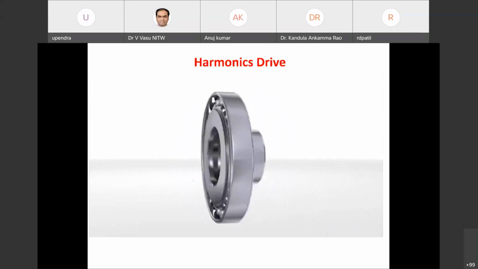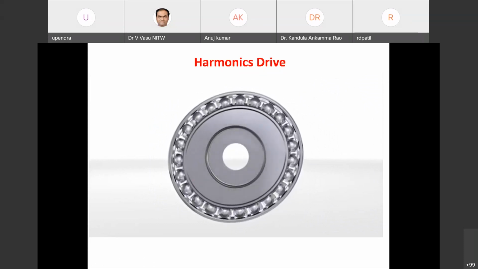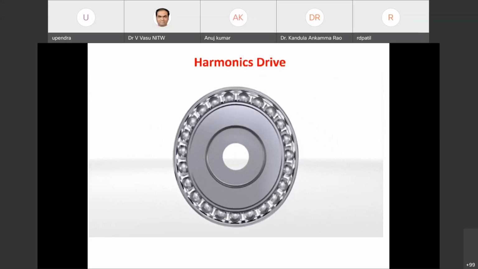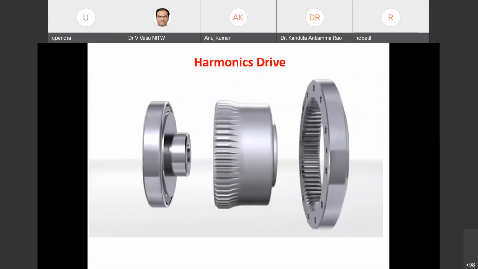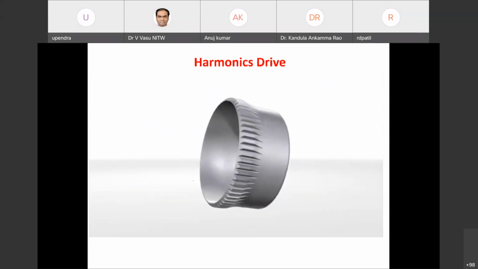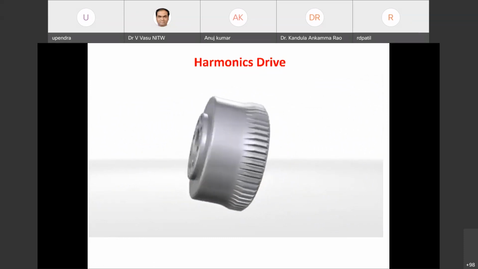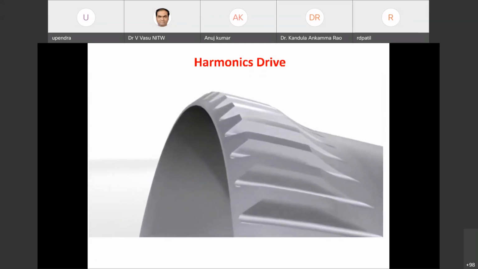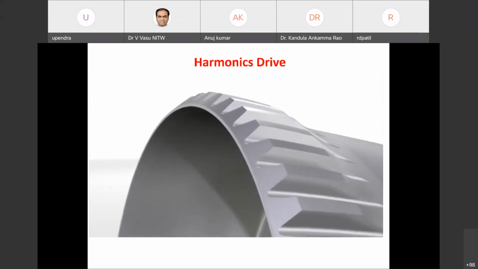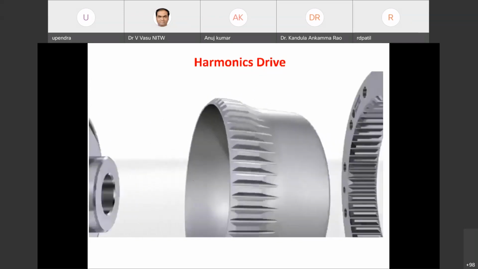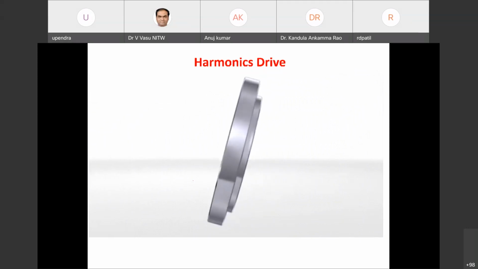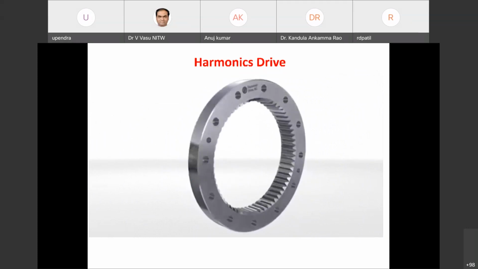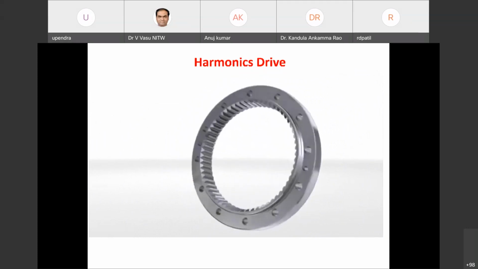The ellipse-shaped form of the wave generator is fitted with a specially designed ball bearing. The flex spline is a high-strength, torsionally stiff yet flexible component with external teeth, which reliably transmits high loads. The circular spline is designed as a rigid ring with internal teeth. The circular spline has 2 teeth more than that of flex spline.